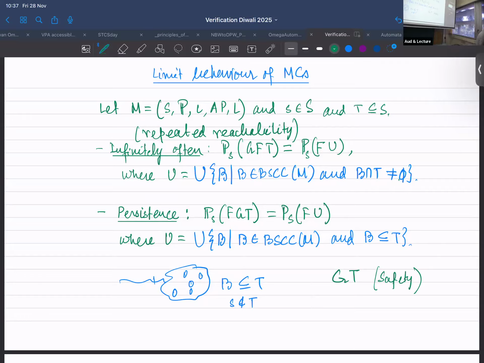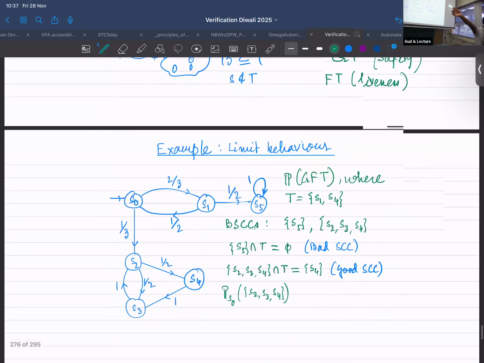And eventually T, like somewhere you are going to reach something good is going to happen. So this is also called a liveness property. Liveness is something should happen, something good should happen sometimes.